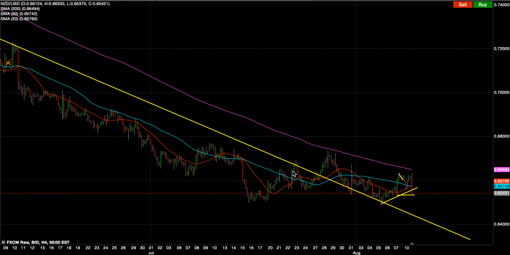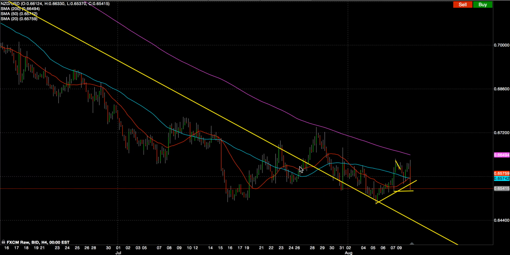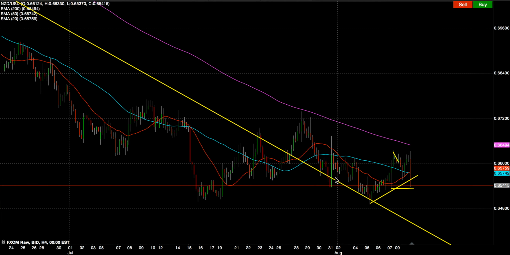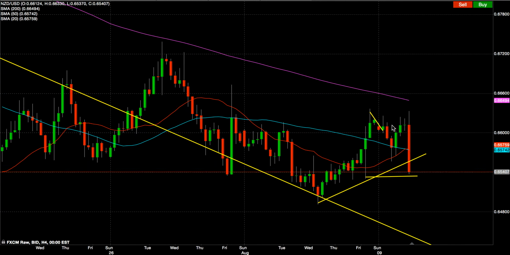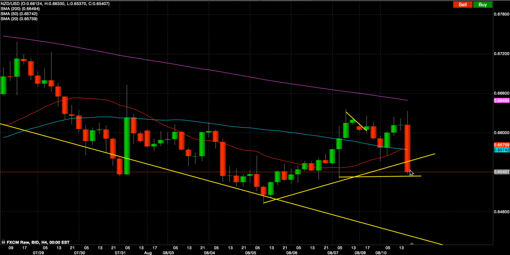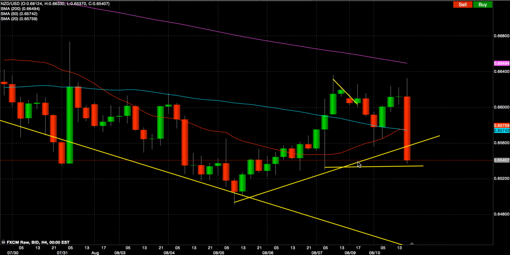As you all know, recently the New Zealand dollar did break out above that trend line, although it is looking a little weak now. This is a definite reversal here, so again, you can see why it's bouncing here around this general area here.